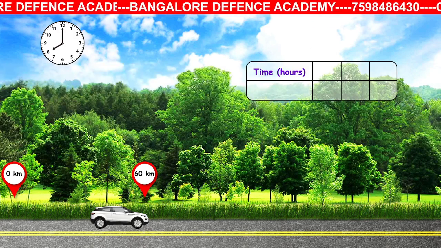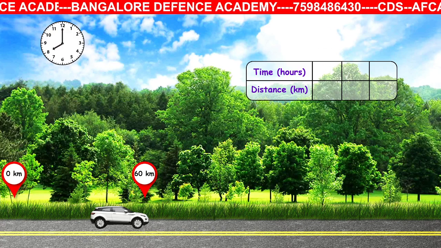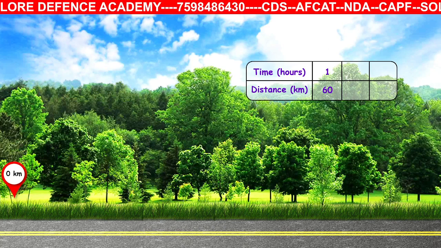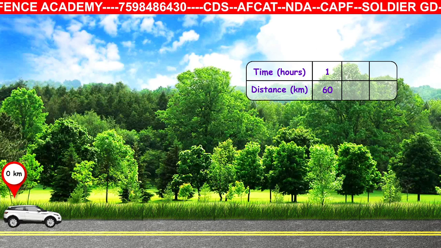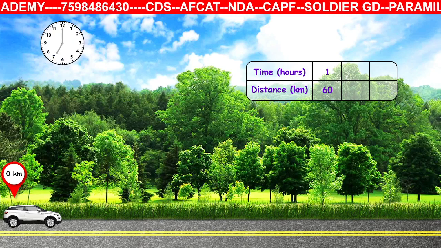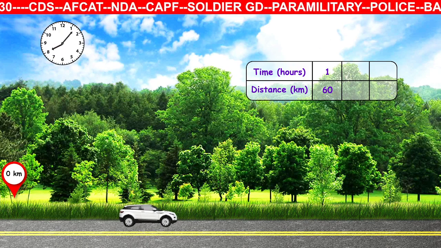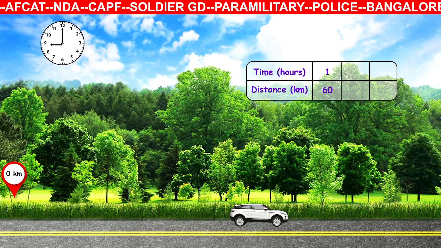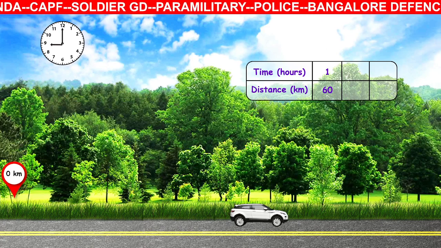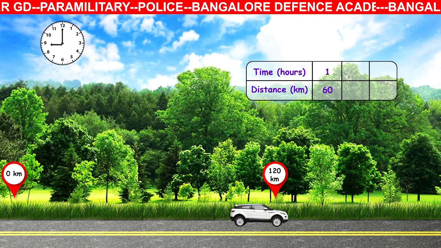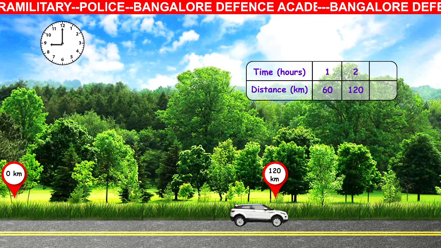Now suppose I travel for 2 hours continuously, starting at 7 a.m. and stopping at 9 a.m. Can you tell me what will be the distance covered? Yes, you are right. The answer is 120 kilometers.